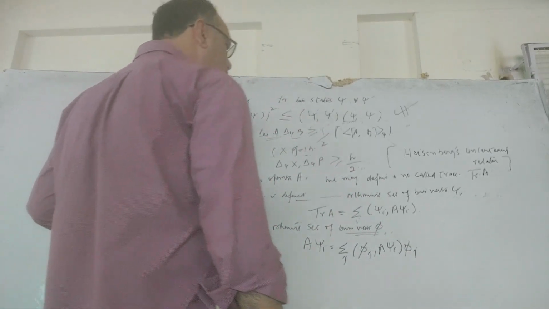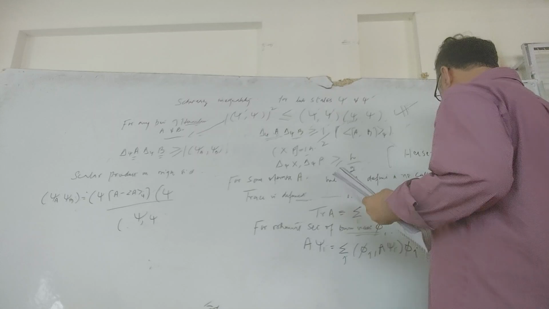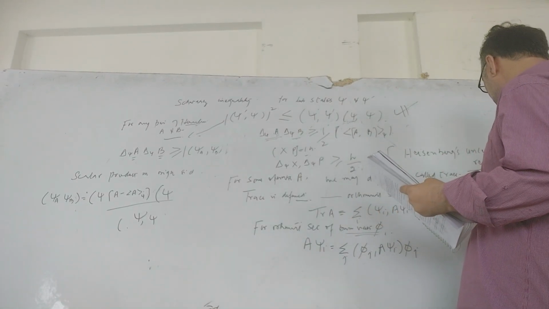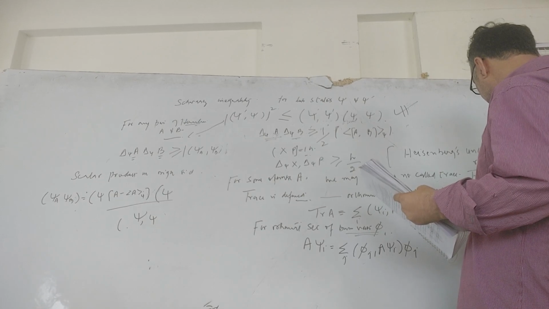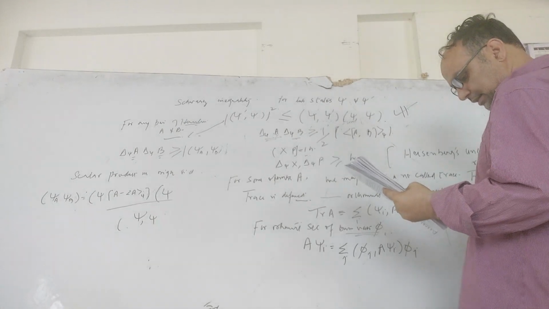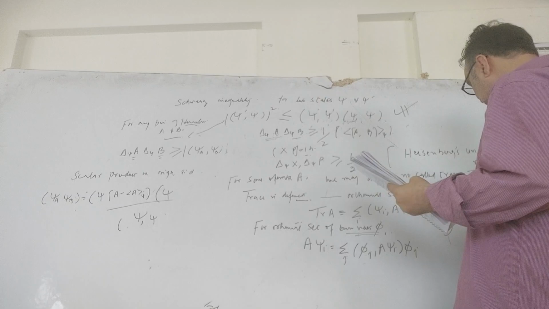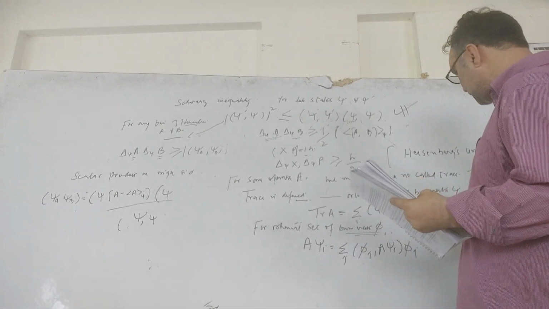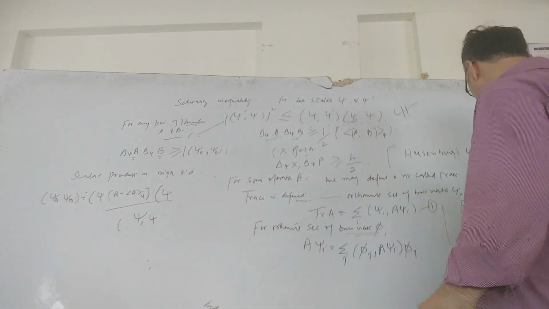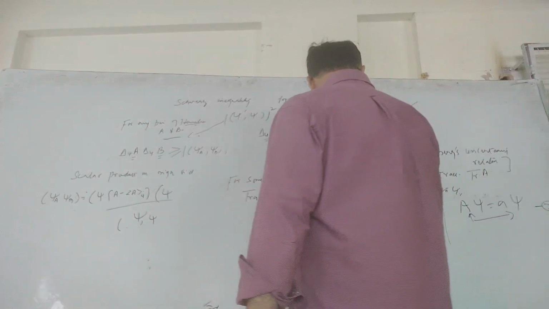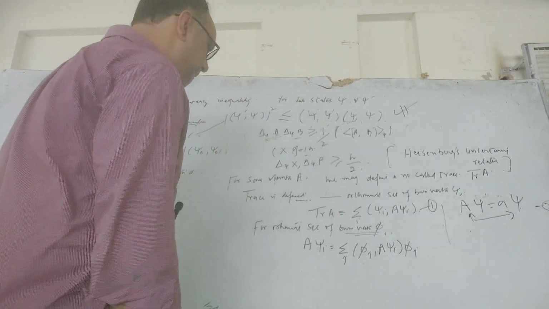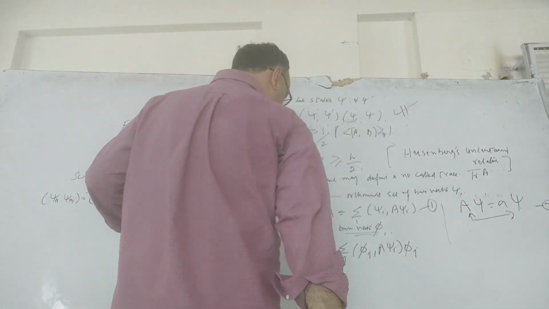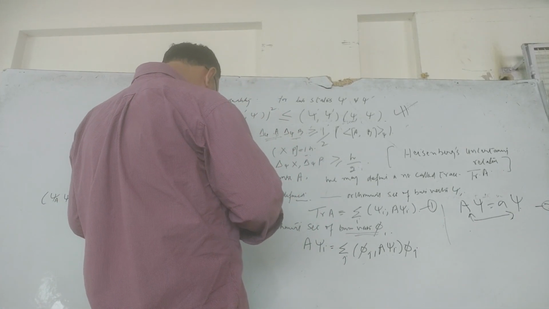Now we are going to use two identities. We know A psi, as yesterday also, this eigenstate is equal to the eigenvector. Using this thing and this thing, we are going to see.